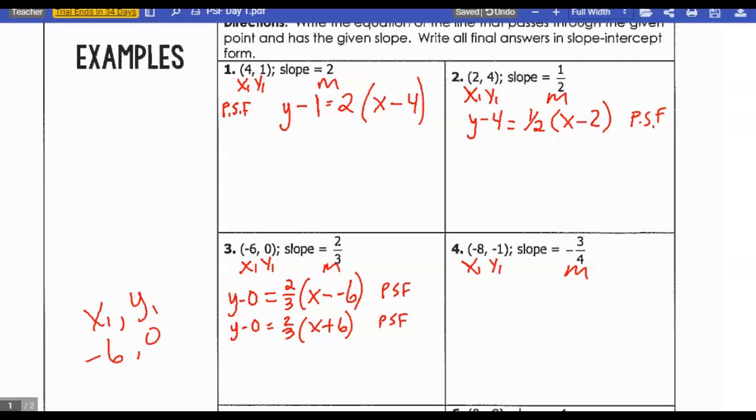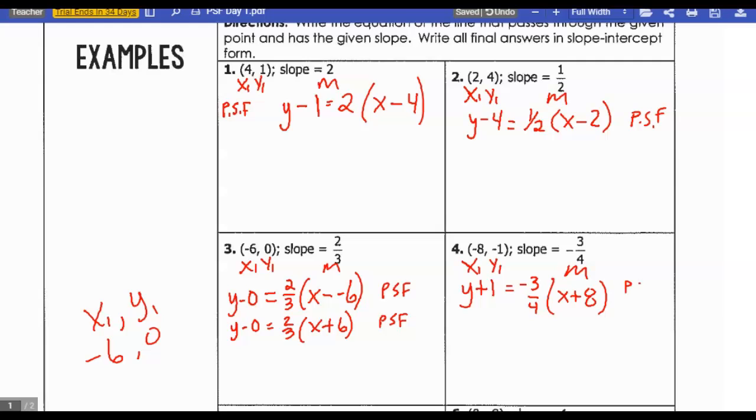So over here, a little quicker, y minus a negative 1 becomes a positive 1 equals my slope, negative 3/4 times x minus a negative 8. Two negatives become a positive.